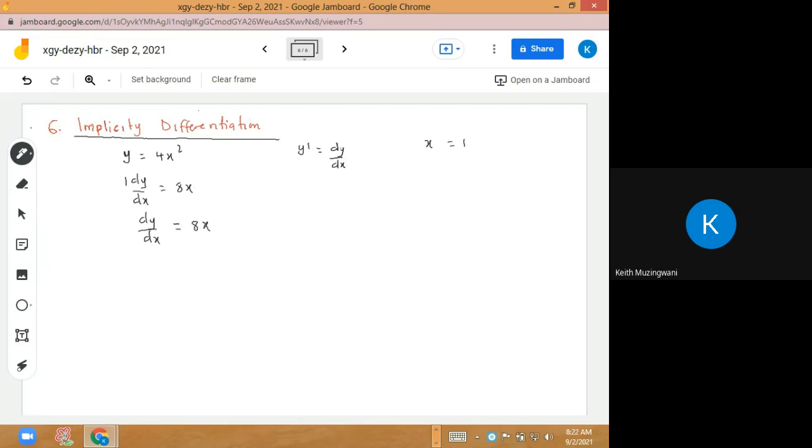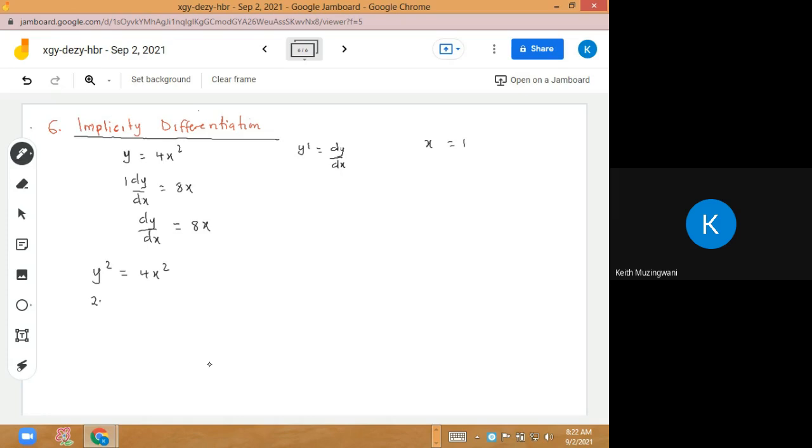Now, the point here is that you can still do this even if y was squared. Suppose you had y squared is equal to 4x squared. Instead of solving for y, you could just differentiate y squared as if you are differentiating x squared.